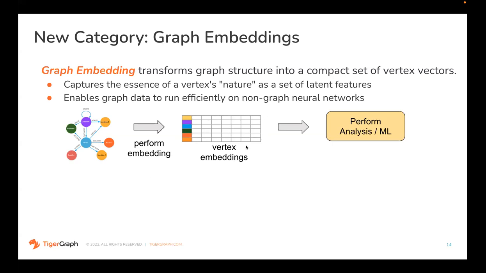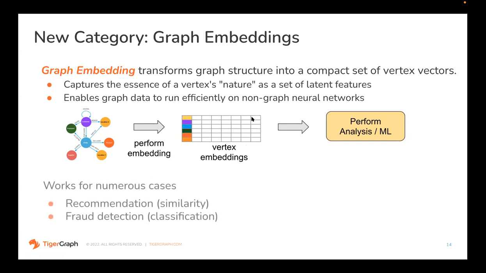So that's what the embedding is. It takes this very complex multidimensional information and transforms it into a much more compact linear representation, on which you can do these similarity analyses. Anytime similarity is involved, recommendation is usually an application. You can also group similar things together and perform classification.